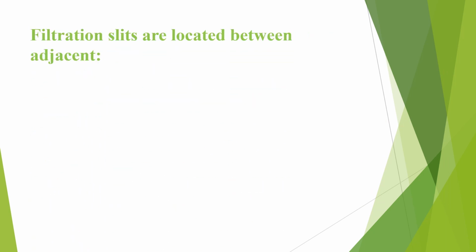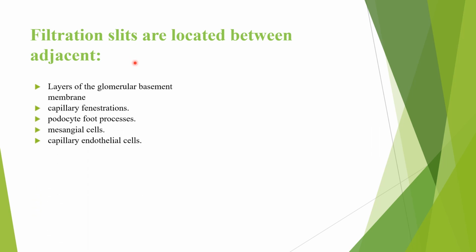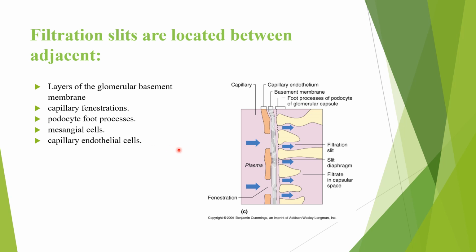Next MCQ: the filtration slits are located between adjacent what? The options are layers of the glomerular basement membrane, capillary fenestrations, podocyte foot processes, mesangial cells and capillary endothelial cells. You can best understand through this diagram. You can see these are the podocyte processes of the podocyte.